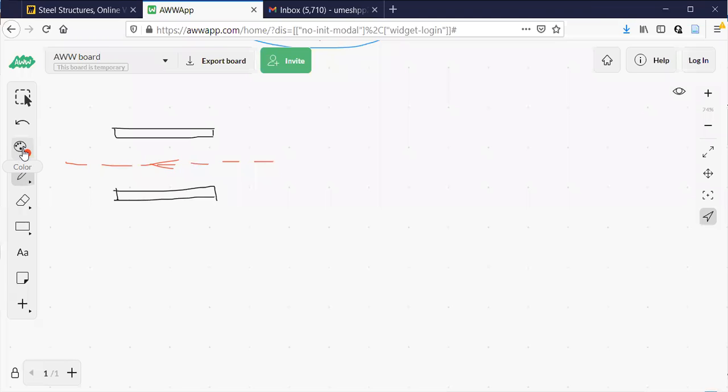This is L1, and in case of symmetrical welds, this is L2. Each is a rectangle of size L into TE, approximately L1 into TE and L2 into TE.